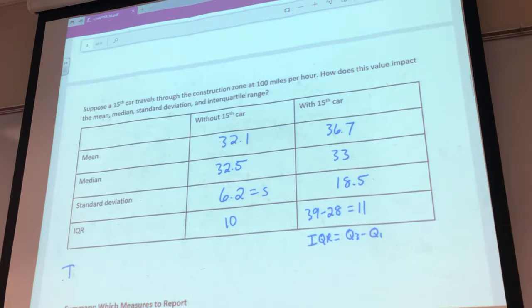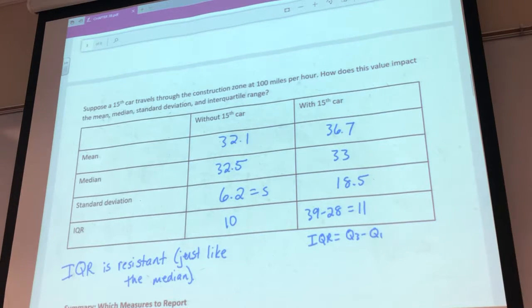So the interquartile range is resistant, just like the median. Which makes sense, because when we're looking at the interquartile range, we're only looking at the middle 50% of data values.